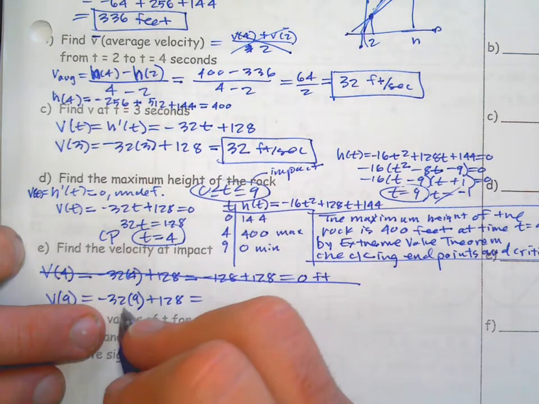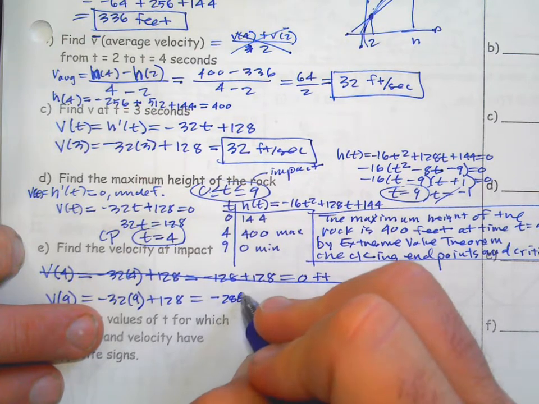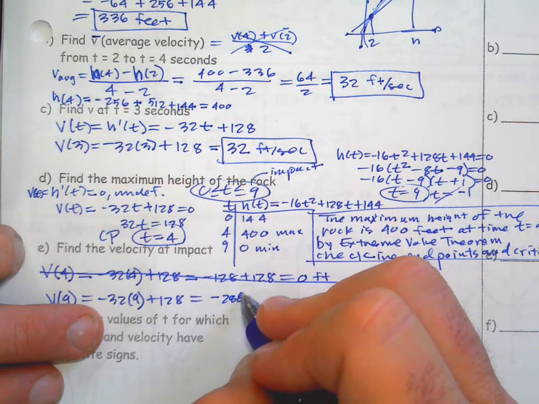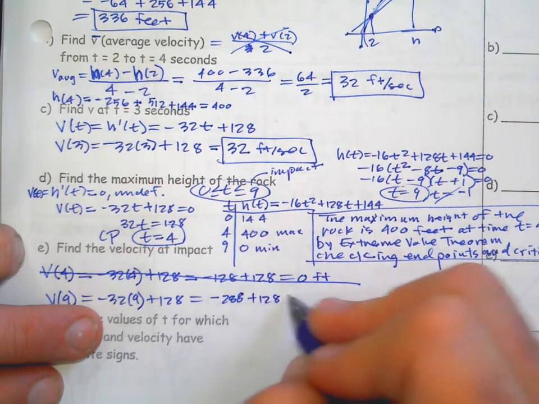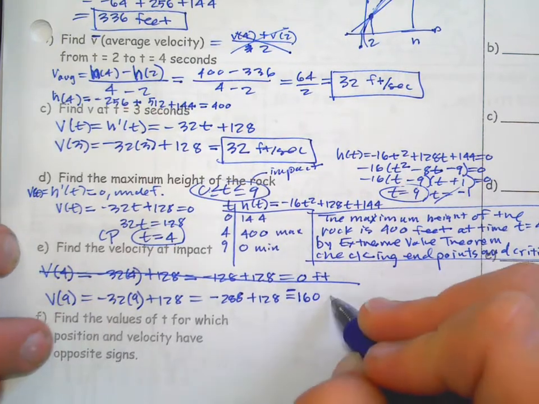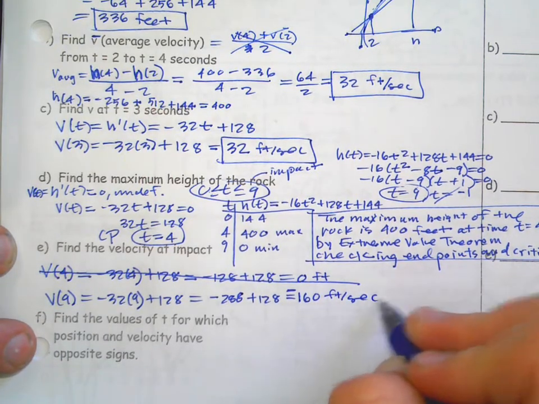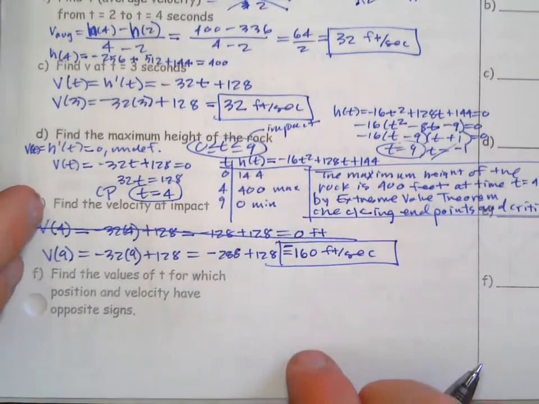So this is going to be negative 32 times 9, negative 288, plus 128 equals negative 160 feet per second. Should be going down. Should probably be going faster than when it started going up because it ends further down. So it's gained more velocity from gravity or whatever.